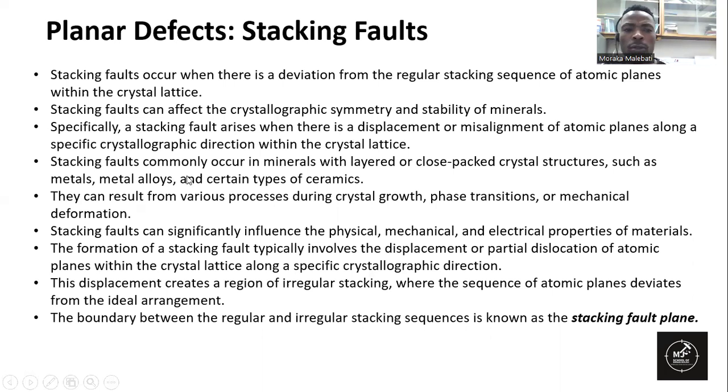Stacking faults commonly occur in minerals with layered or close packed crystal structures, such as metals, metal alloys, and many other things. They can result from various processes during crystal growth, phase transitions, or mechanical deformation.